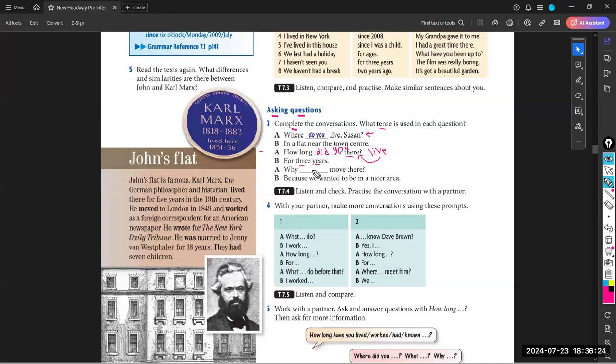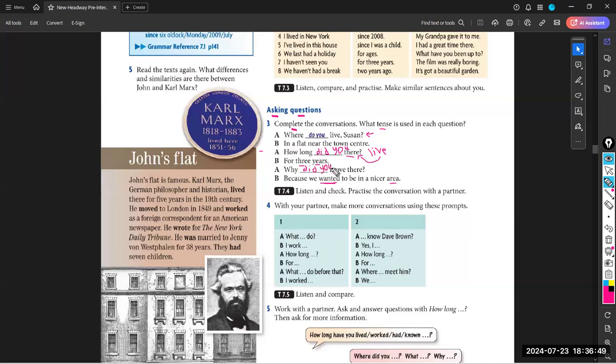So for 3 years. Why move there? Because we wanted to be in a nicer area. Did you move? Bravo, we have wanted. So I have to say, why did you move there?